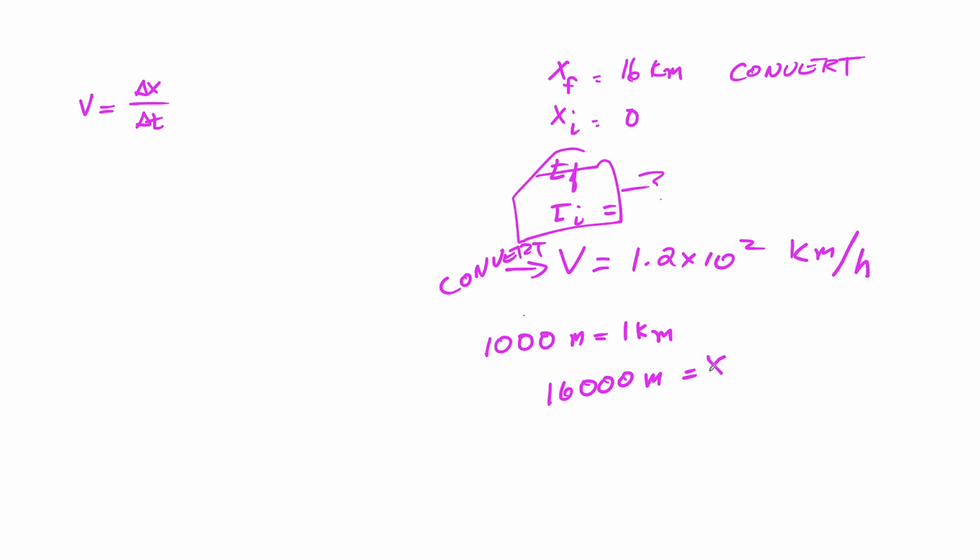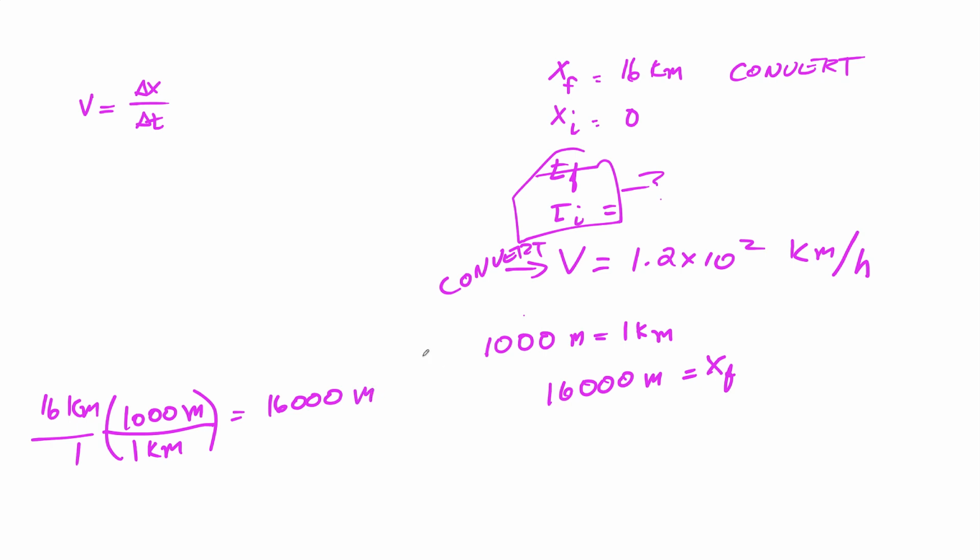That's going to be x sub f. If you want to do it in equation style, 16 km, you've done this before in chemistry, 1 kilometer is equal to 1,000 meters, and we're going to get 16,000 meters.